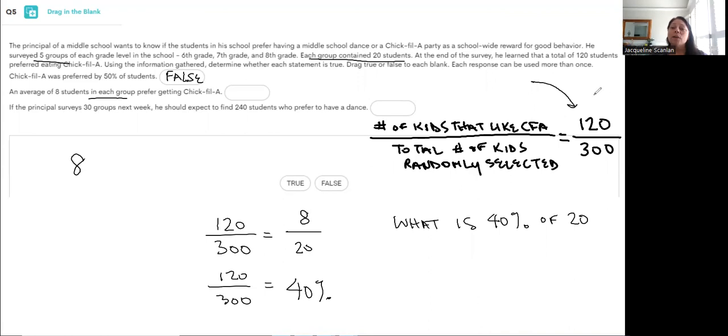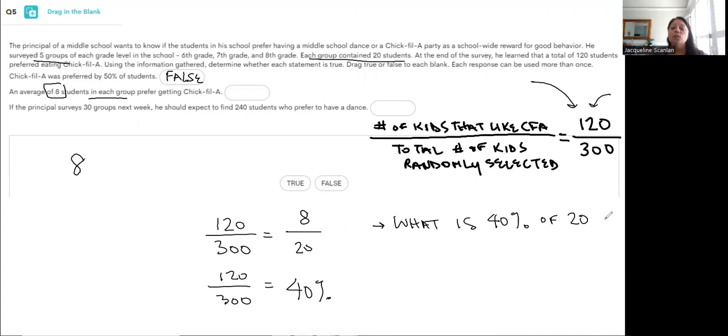All right, because this fraction represented the 40%. So I could figure out, is 40% of the 20 people in the group the same as 8 students? It depends on how you guys want to approach the math problem. I'm going to show you how to do both of them.